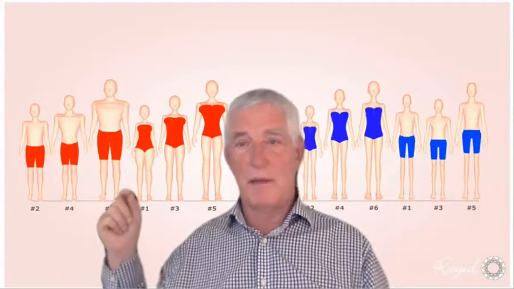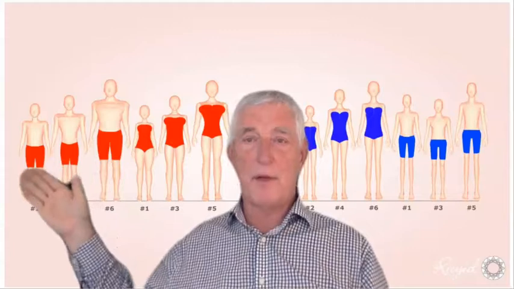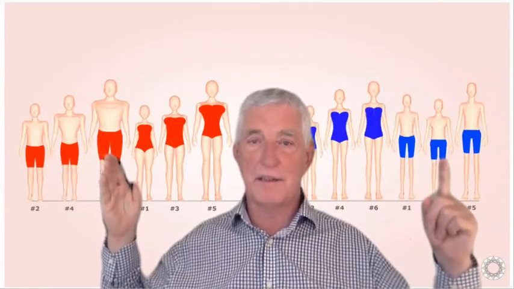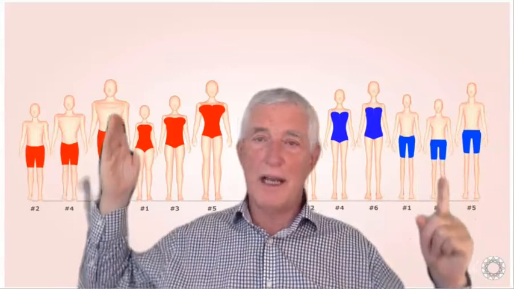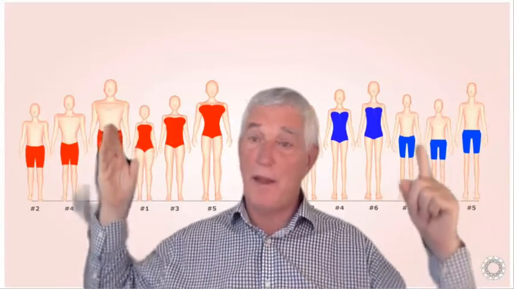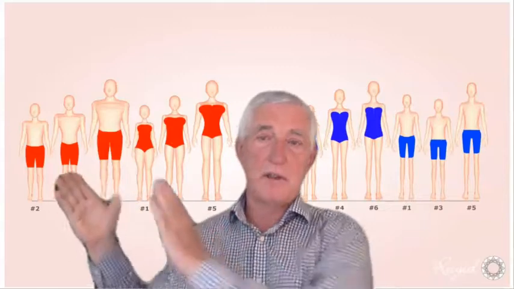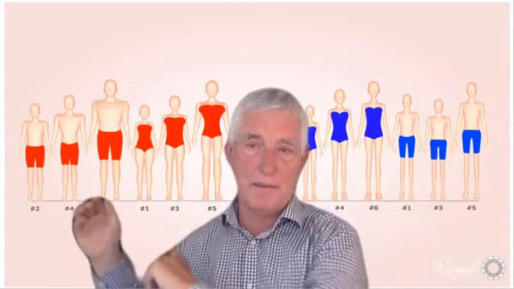Now, if a mother says, no, I have 3 boys and my 3rd one looks like this, then I know I have either the wrong information from them or something is really off in the family tree. So trust the body types.